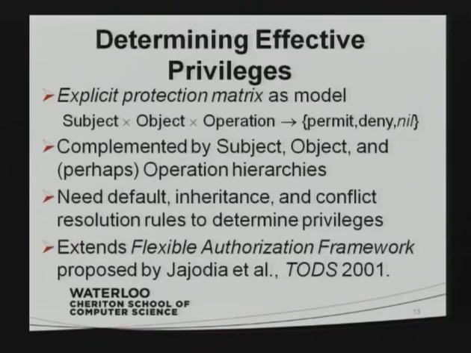The model that I find easiest to think about is an explicit protection matrix that you've probably heard about before. So for every subject, every object, every operation, I have either a permit, or a deny, or nil. That is, I haven't told you whether it's permit or deny. This is what the explicit matrix looks like.